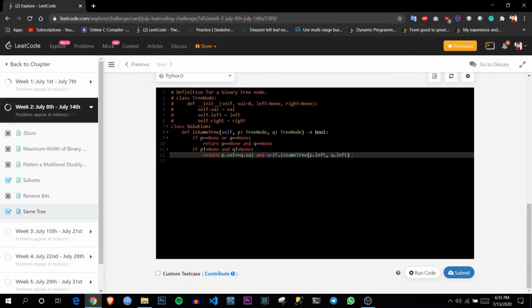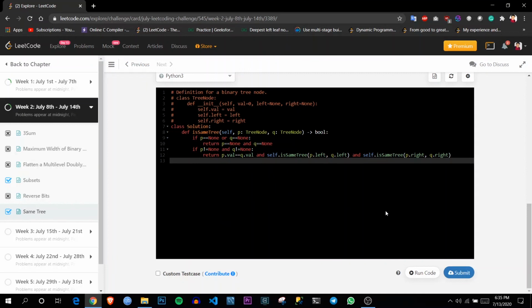It is for the left subtree, and self dot isSameTree of p dot right comma q dot right. It is for the right subtree. So this is checking if the current node values are equal and if the left subtree is same for both trees and if the right subtree is same for both trees. So this is pretty much the code.